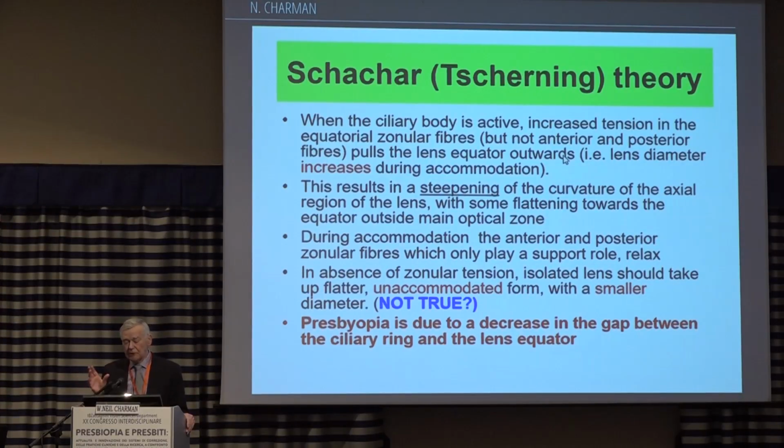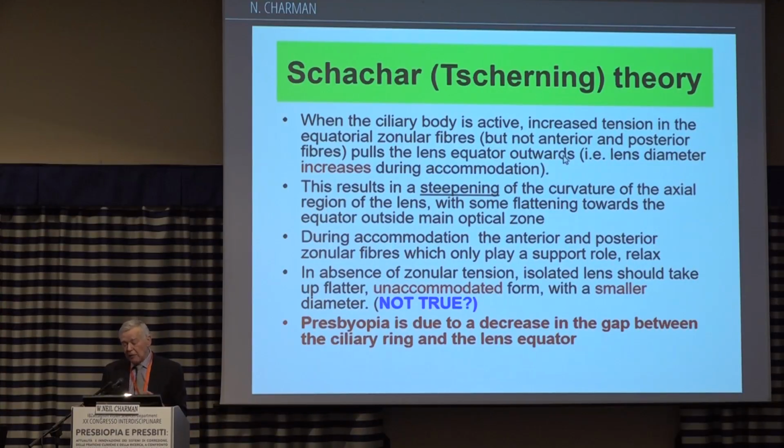He suggested that rather than slackening all the zonule, there were fibers whose tension increased and they pulled even more on the edge of the lens, and that the accommodated lens was larger in diameter.